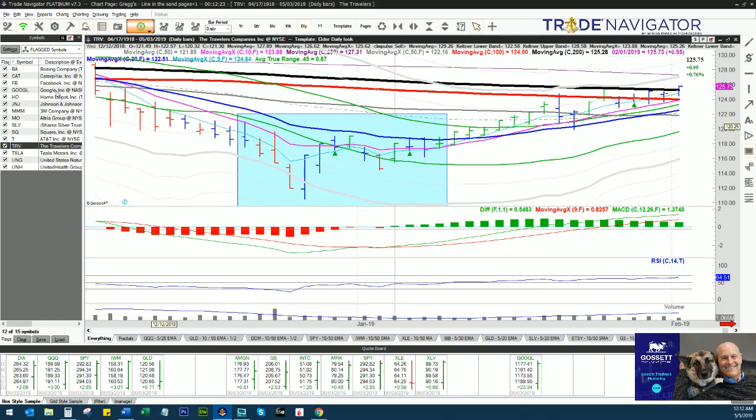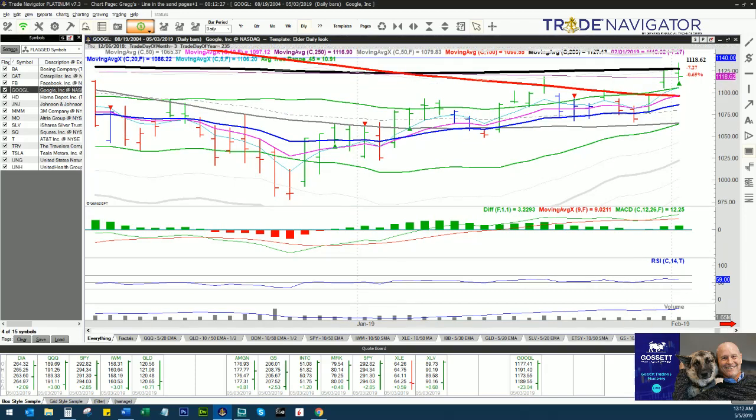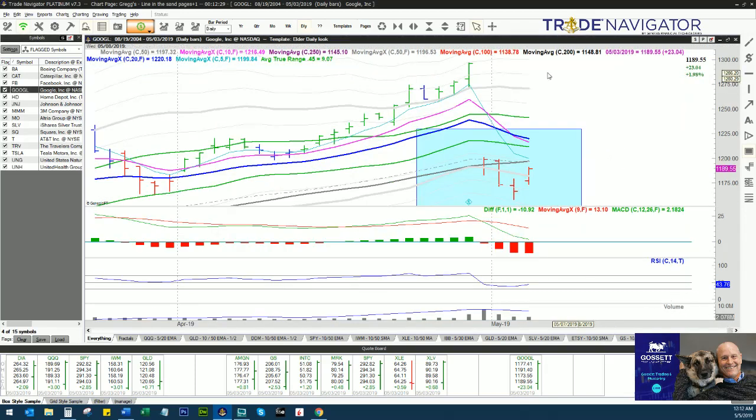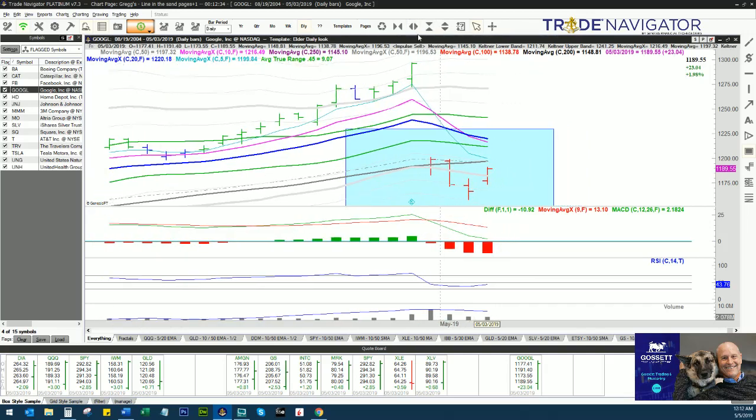So now I'm going to take a look at a few positions in real time, and we can kind of overlay what we just talked about. Well, this is Google. This is certainly a lower low, right? Now, if we closed above the 50, I would consider getting into this trade just based upon a close back above the 50.